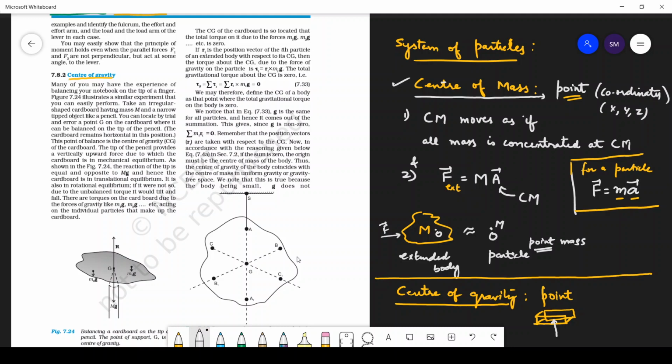So you are balancing a cardboard here on the tip of the pencil, and the point of support, which is G, the point where pencil and cardboard meet, that point G is your center of gravity. So G is the point which is center of gravity, and at this point there is a complete mechanical equilibrium.